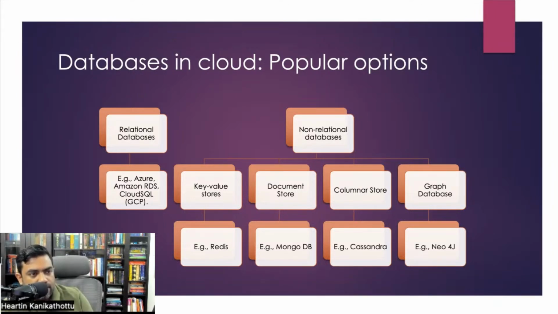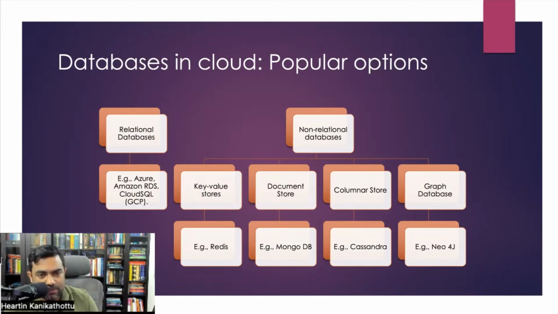In relational, attributes are generally represented by columns, right? So you cannot have different attributes for different rows or items. But with a document store, you can have different attributes for different items. MongoDB is a very popular example. And for columnar stores, Cassandra is an example.